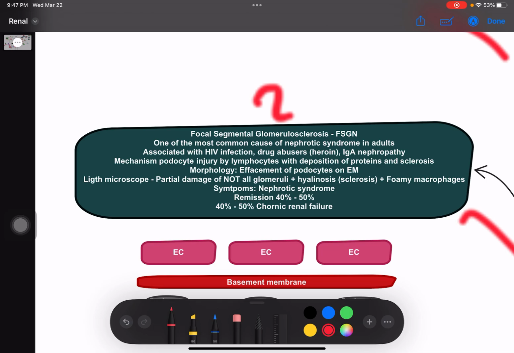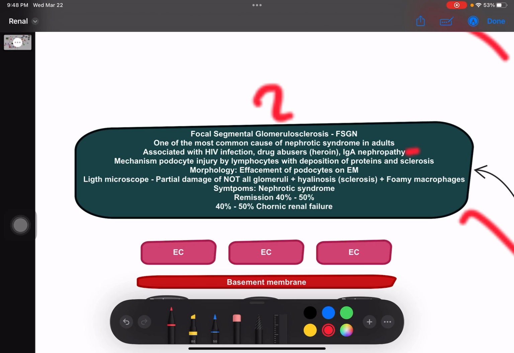So focal segmental glomerulosclerosis also has two types of progression. The most common is idiopathic, which is without known etiology, but secondarily it can also be associated with people with HIV infection, heroin abusers, or it can progress secondarily after IgA nephropathy, right?